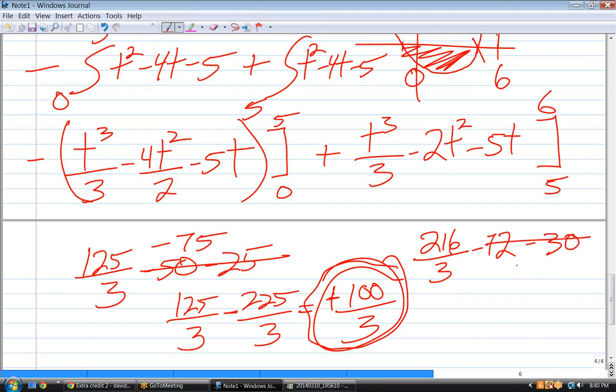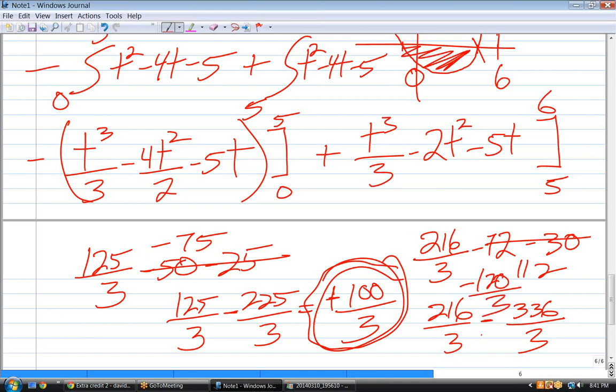So that's minus 112. So we have 216 thirds minus 336 thirds. That is minus 120 thirds.